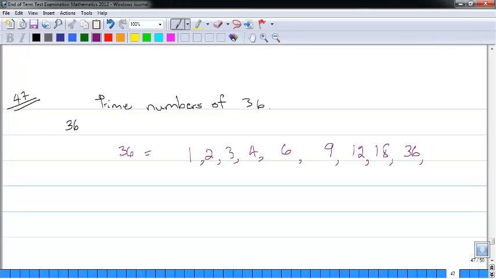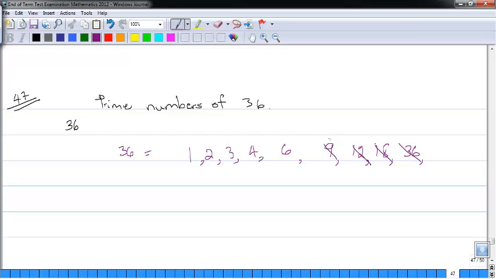So now we need to identify from this list which numbers are prime. Okay, so we know 36 is not prime because it has more factors than 1 and itself, so it can't be 36. It can't be 18 because 3 can go into 18, 6 can go into 18, and 9 can go into 18. It can't be 12.